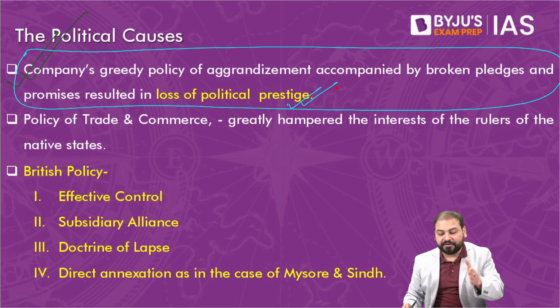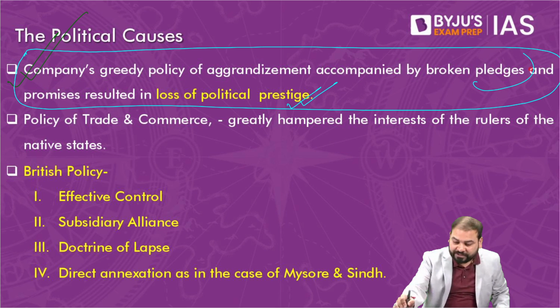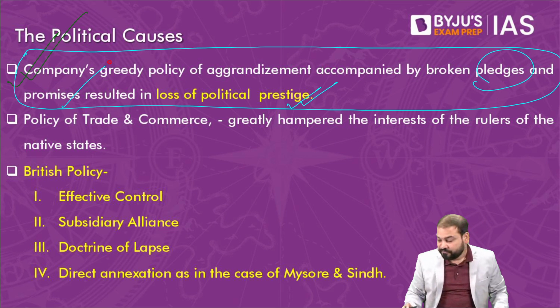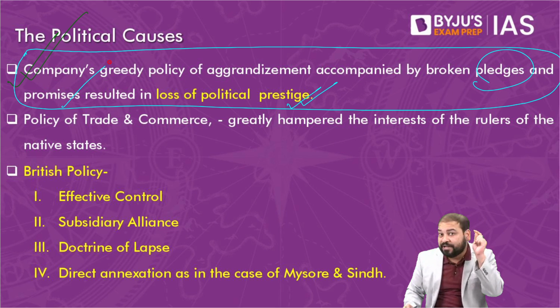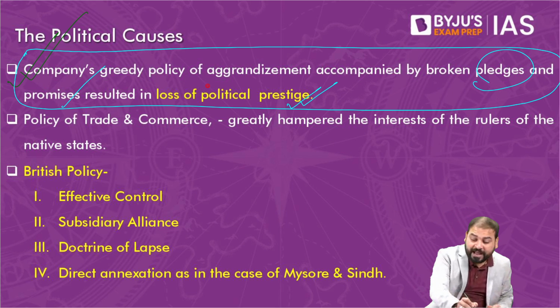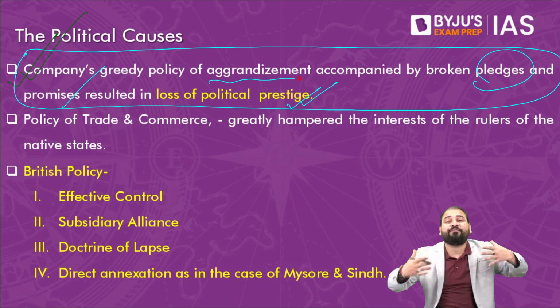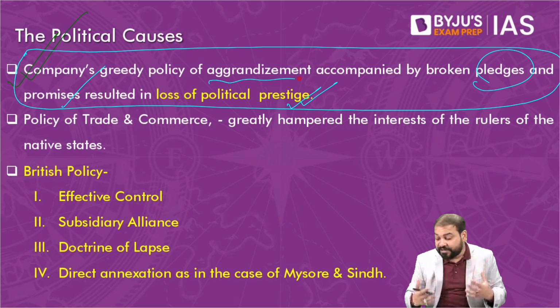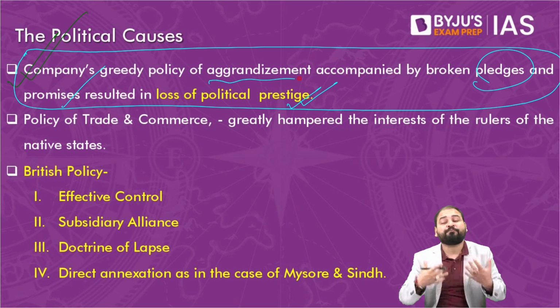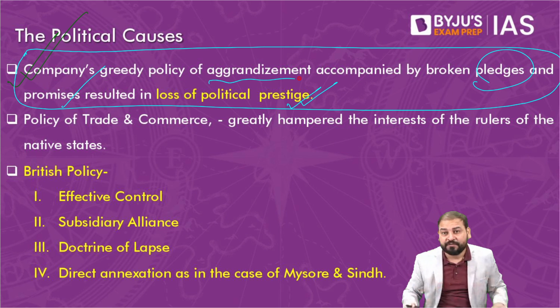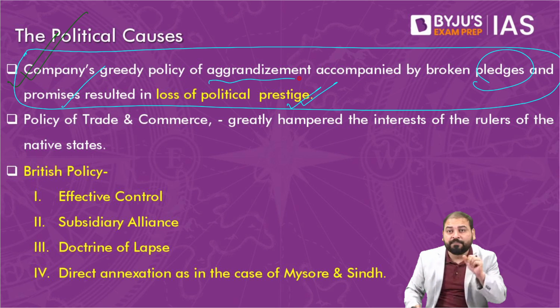The British came to our country with a lot of pledges, lots of promises. But they had only one thing in mind. What was that? Aggrandizement. Aggrandizement means they were trying to only fill their coffers. They were trying to make a lot of profit only for themselves and forgot the common people.